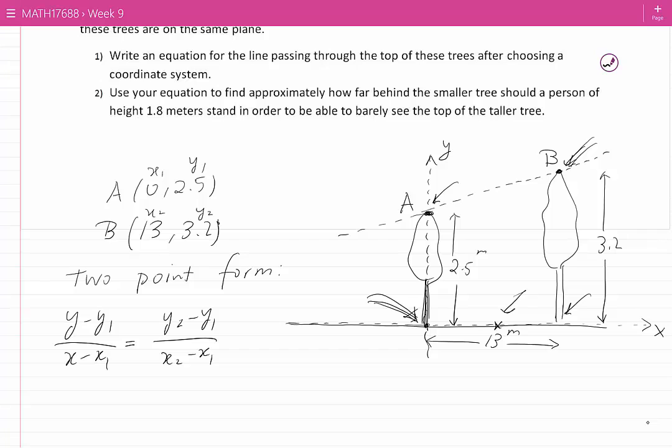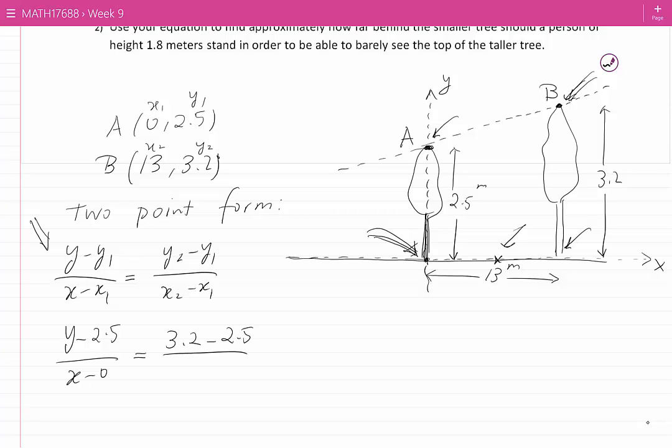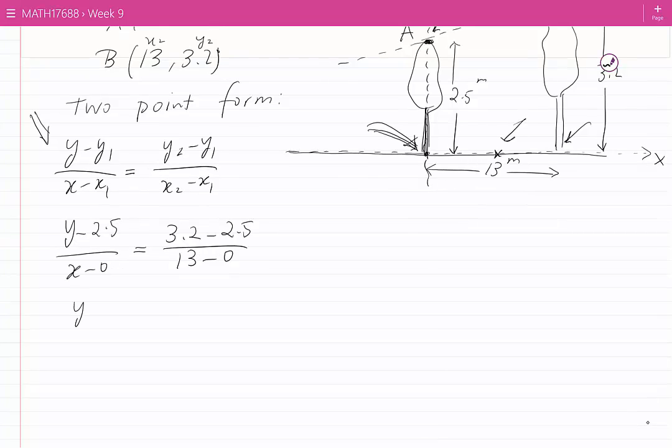Once I plug in these values into the equation, I will have (y minus 2.5) divided by (x minus 0) is equal to (3.2 minus 2.5) divided by (13 minus 0). I can use a calculator to find the right hand side to be equal to approximately 0.0538.